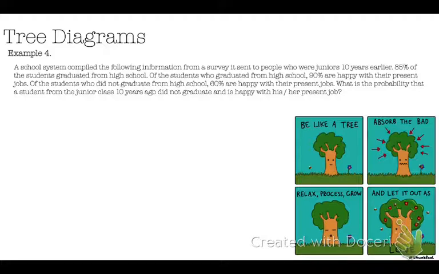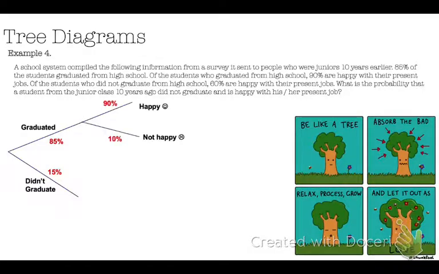So we need to do the tree thing. There is an 85% chance that they graduated, and a 15% chance that they didn't graduate. Of the ones who graduated, there's a 90% chance they're happy, and a 10% chance they're not happy. Of the ones who didn't graduate, there's a 60% chance they're happy with their job, and a 40% chance they are not happy with their job.